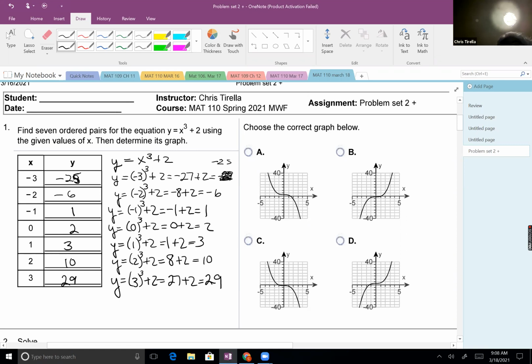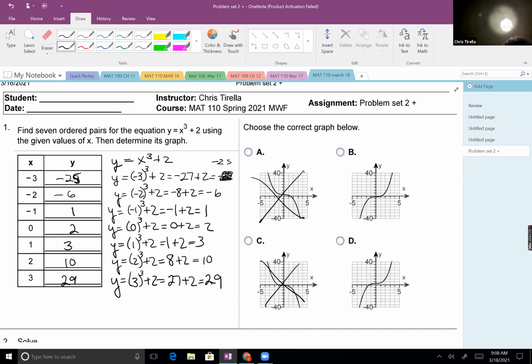Watch your signs. And so now to pick the right graph: when x is negative, y is negative. So when x is negative, y should be negative. That rules out A and C. So my options are B or D. Now, when you're doing this in my labs, you should be able to click on it and make it larger.